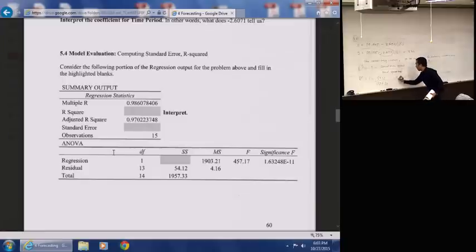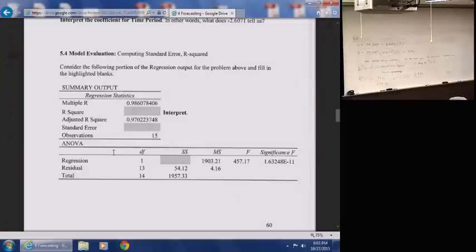So it's going to be 1 minus 0.027-ish, so something like 0.973. That's how you get your R square: just plug in the relevant information, sum square error and sum square total.